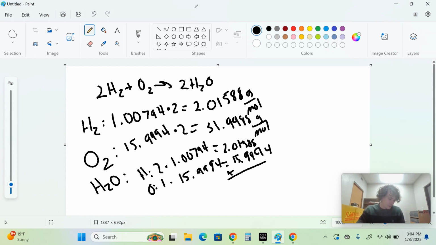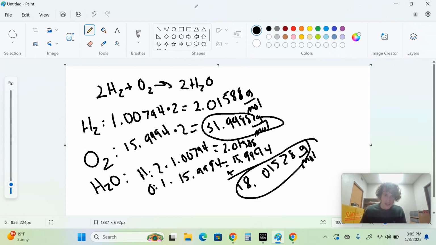But let's see. 15.9994 plus 2.01588, and I get 18.01528 grams per mole.